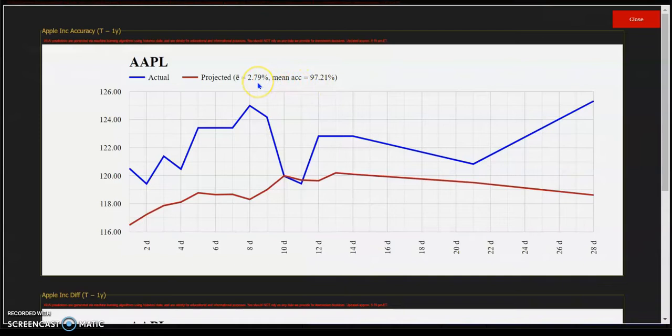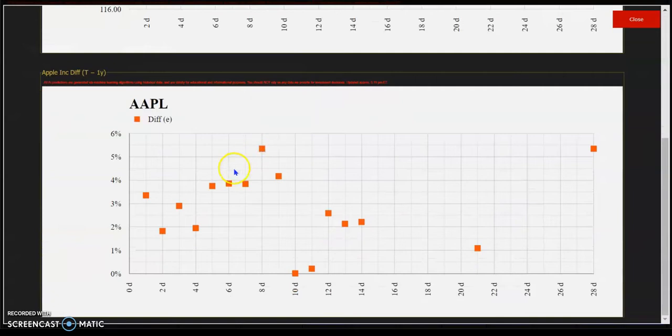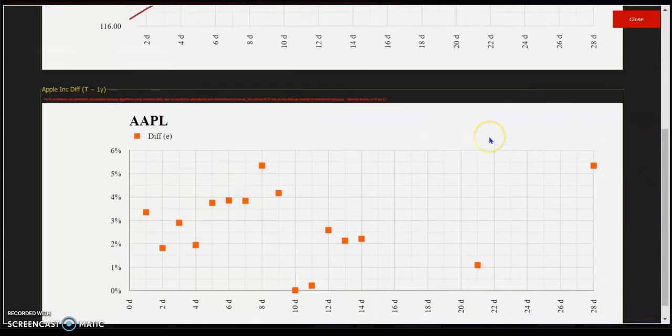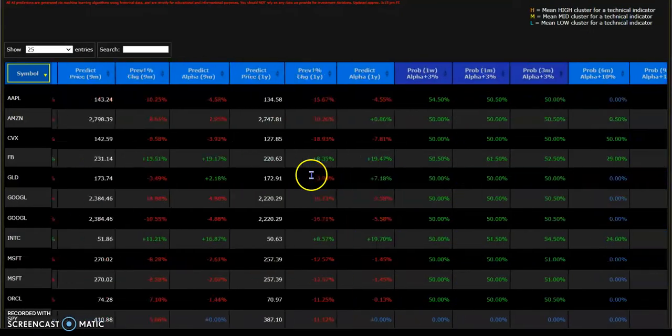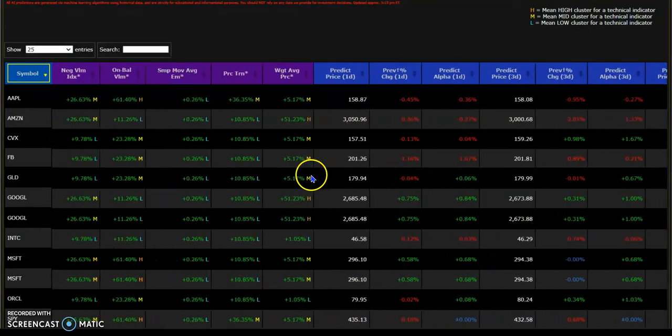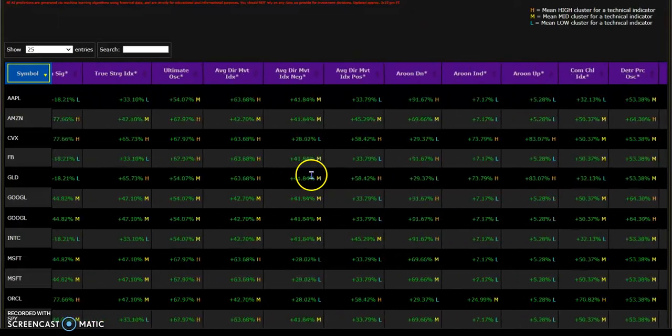In this case, it has a mean error rate of 2.79%, accuracy of 97.21. The way we do that is we take each day that's being recorded for the actual price versus the predicted price, and the difference between the two is the differential. So there's a lot of information in here that gets generated every single day and updated for the user.